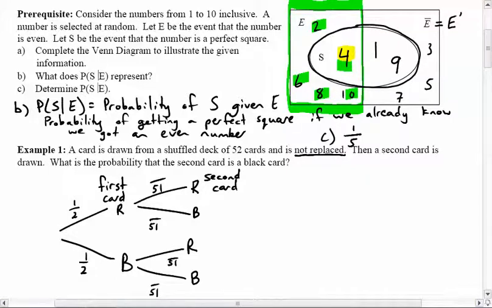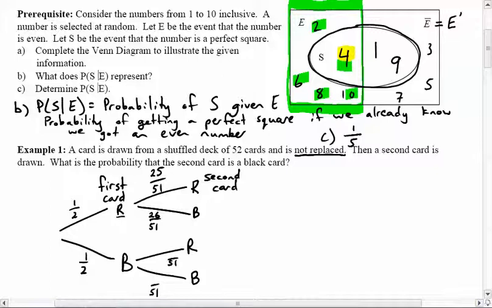And why is it 25? That's right. We assume we took out one of the red cards. So we're already down from the 26 that we started with. So that means there's only 25 red cards left. But how many black cards? 26. So if the first card was red, then there'd still be 26 black cards. So we'd have a 26 out of 51 chance of getting a second card that's black.